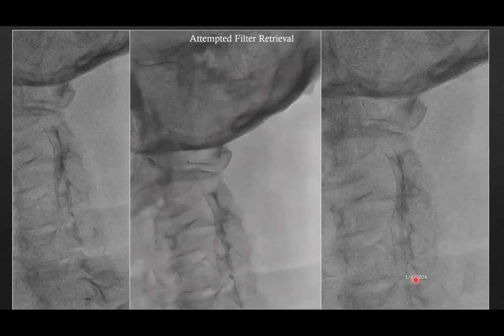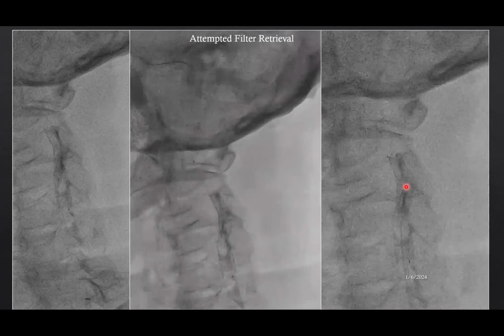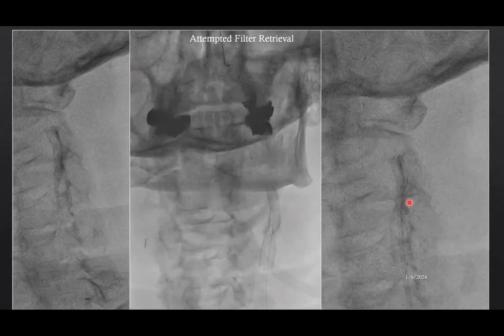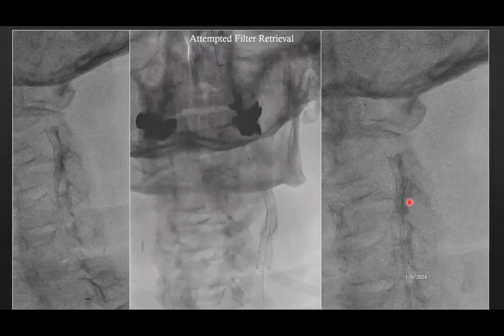The balloon was inflated, and with the inflated balloon in place, the catheter was navigated beyond the stenotic segment. This pushed the stent struts and allowed the catheter to pass. Once the catheter was beyond this segment, the balloon was removed and the filter was retrieved.